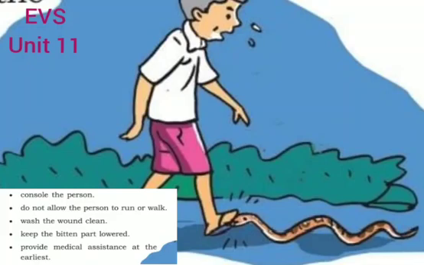If you provide medical assistance, you can save the life of that person, because some snakes will be poisonous, some will be non-poisonous. So we will not know which snake has bitten. If you identify the snake, the treatment will be very easy. Otherwise, you have to provide medical assistance at the earliest.